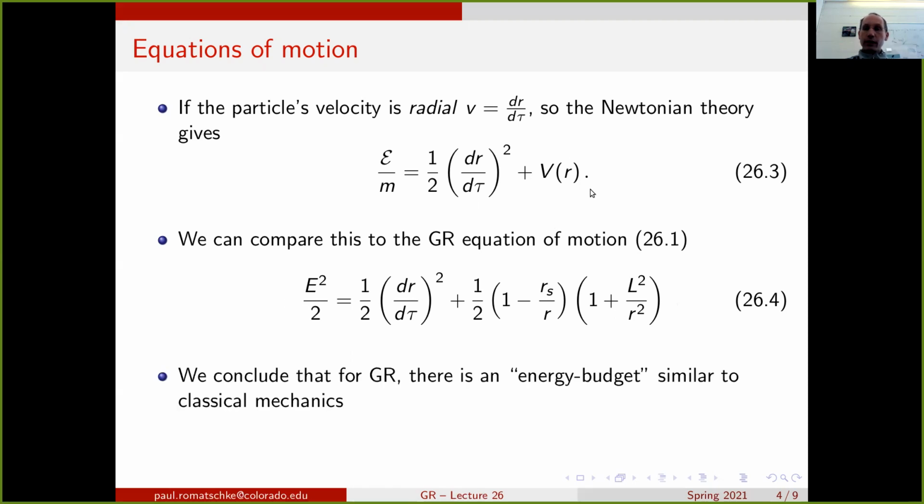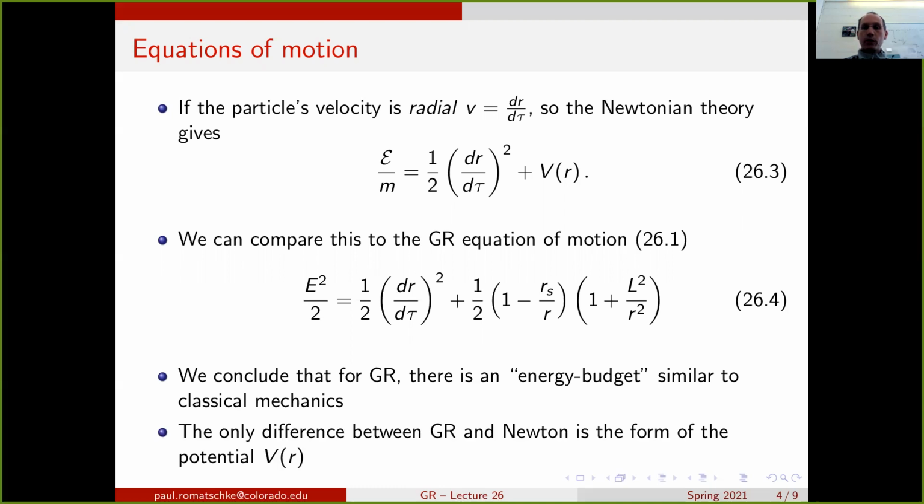So the upshot is that in general relativity, there is an energy budget for Schwarzschild solutions that is similar to the energy budget in classical mechanics. The only potential difference between classical Newtonian gravity and full general relativity is then the particular form of the potential that is predicted by the general relativity equations of motion, which is this part here.